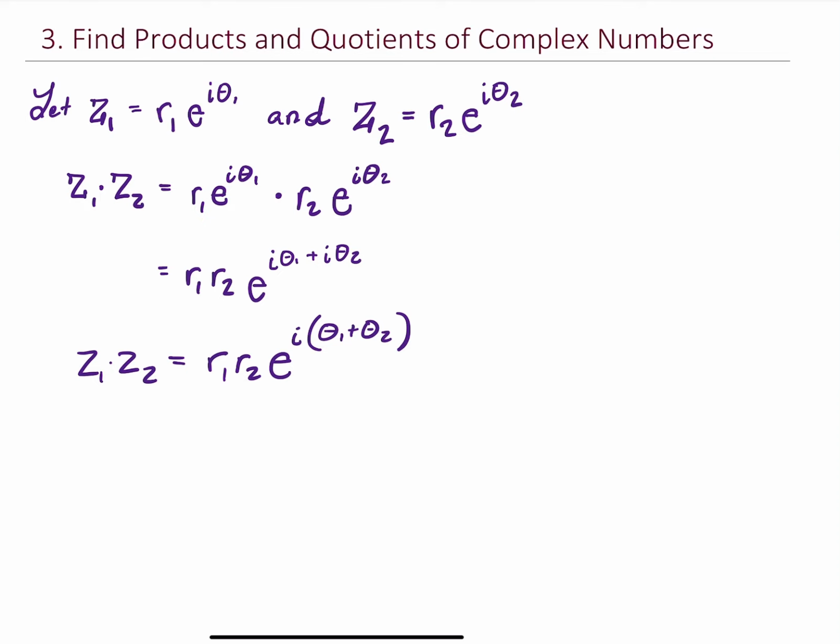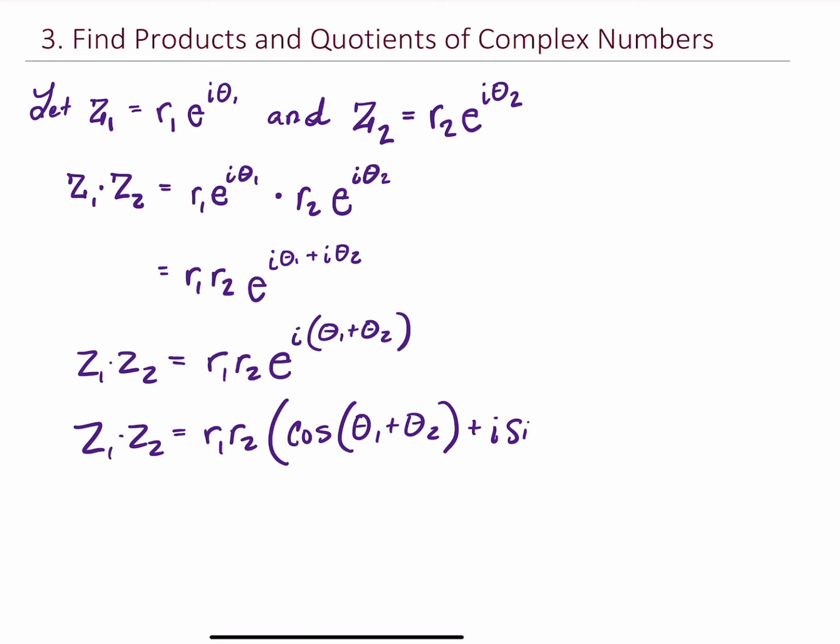So the r values multiply and the angles add together. And we can express this also in polar form. So z1 times z2 would be r1 r2, so the r's multiply. And we get cosine of the angles added, theta 1 plus theta 2, plus i times the sine of the sum of the two angles, theta 1 plus theta 2.